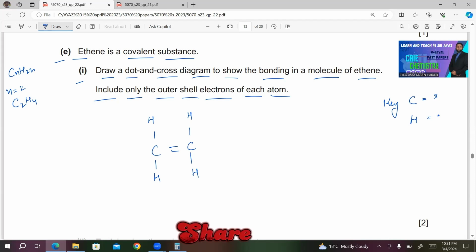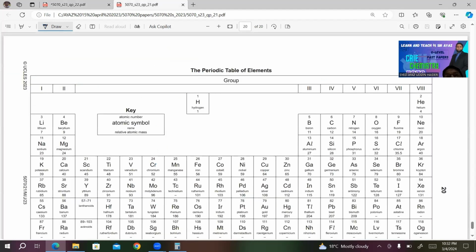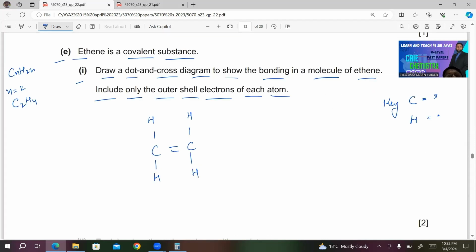So each carbon atom must have 4 valence electrons. As you can see here, carbon belongs to group 4. It has 4 valence electrons sharing with each hydrogen atom, and 2 of the valence electrons of each carbon atom will share with each other.